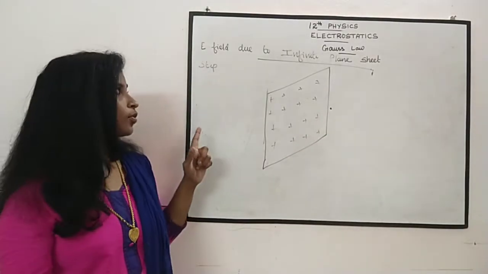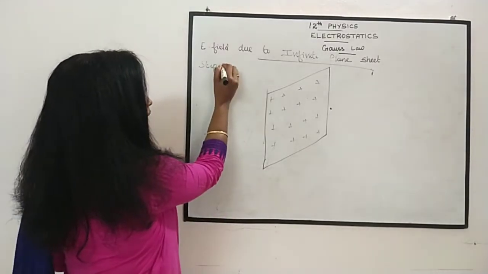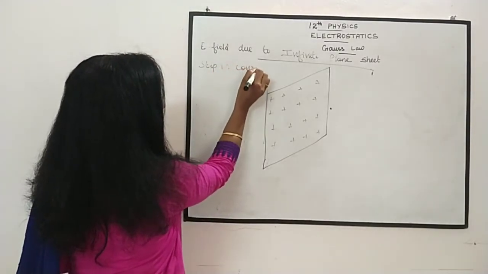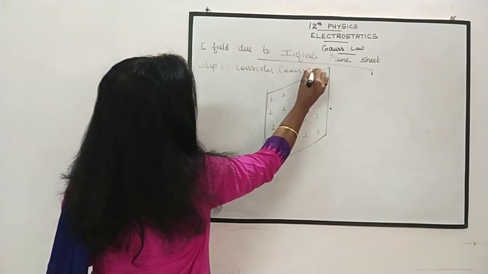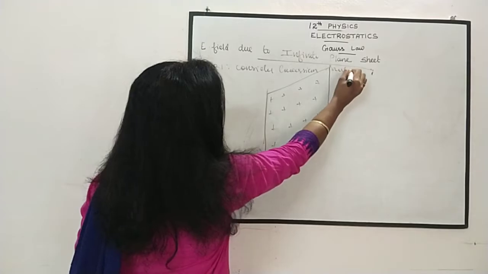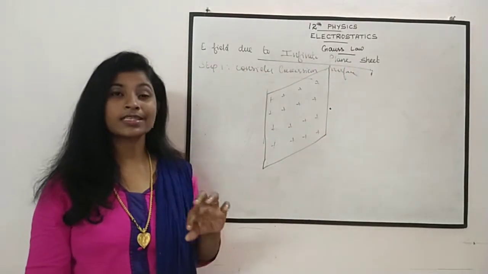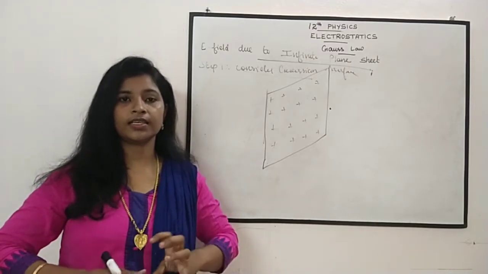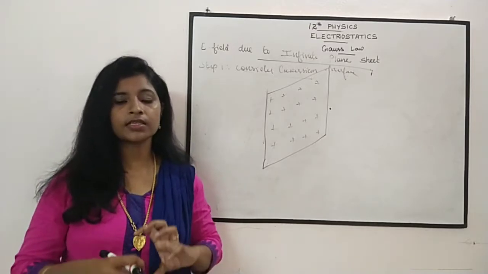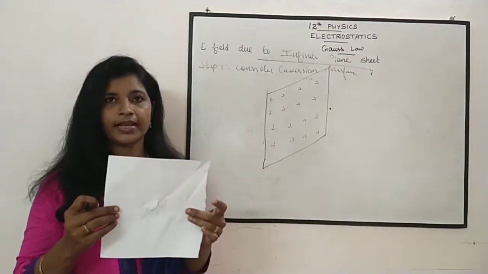So what is the first step? Yes, the first step is to consider the Gaussian surface. Here we are also going to select a cylindrical surface, but the surface is fitted in the sheet. I'll give you an example. Consider this is a plane surface.